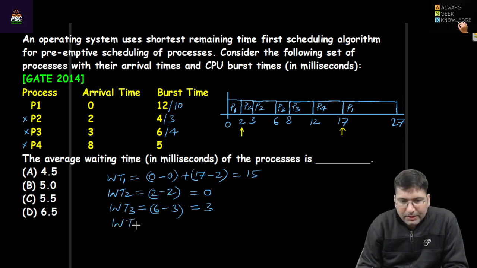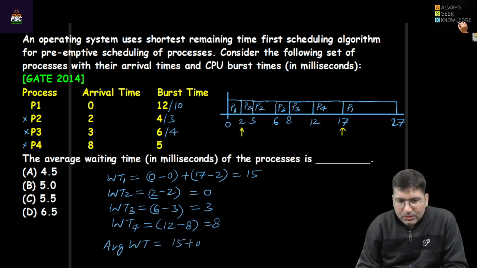Now calculate the waiting time for process 4. Process 4 starts executing by 12 and it arrived by 8, and there is only a single waiting. Process 4 finishes its lifetime here only, so it is 8. If we want to calculate the average waiting time of the system, it will be 15 plus 0 plus 3 plus 8.